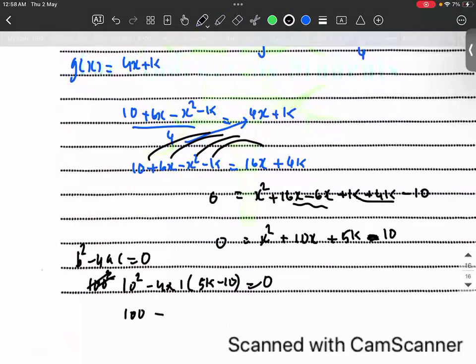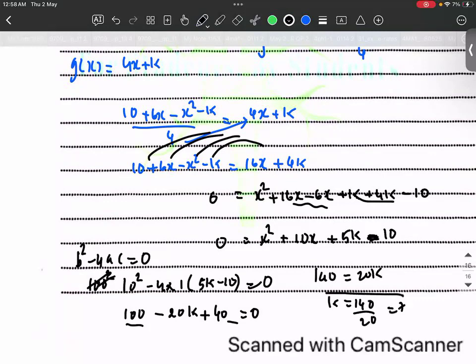So 100 minus 20k plus 40 is equal to 0. So 100 plus 40 is 140. So 140 is equal to 20k. Therefore, k must be equal to 140 divided by 20. So we got the value of k as 7.